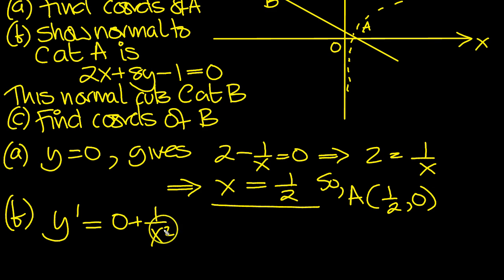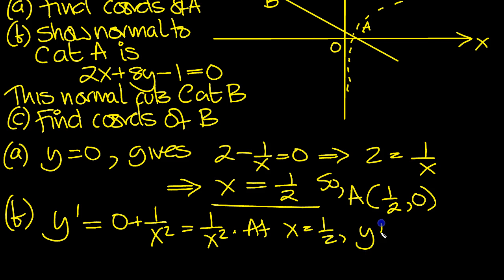So y dashed equals 1 over x squared. At x equals a half, y dashed is equal to 1 over a half squared. A half squared is a quarter. 1 over a quarter is 4. So we can write that down straight away.